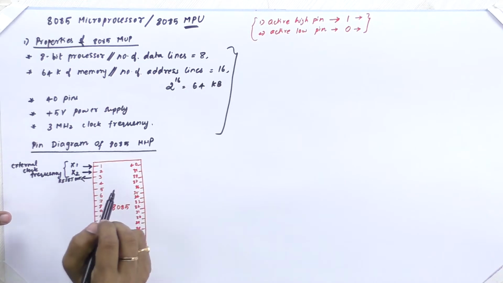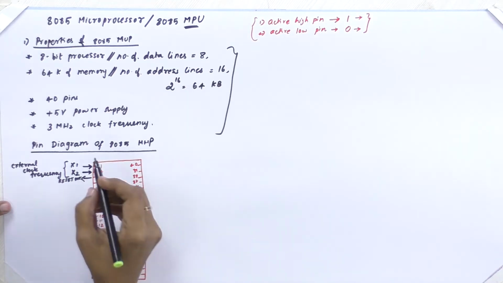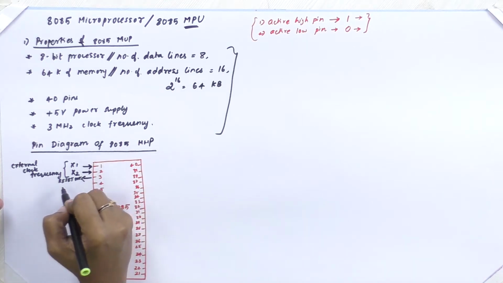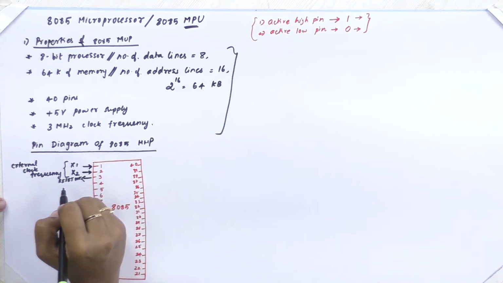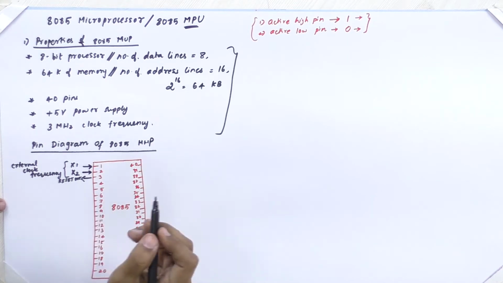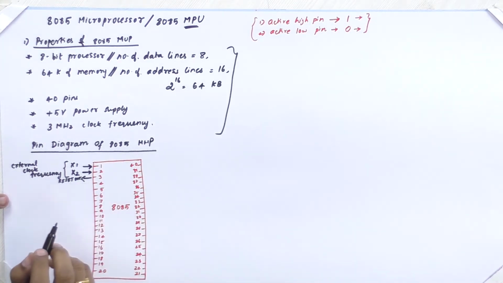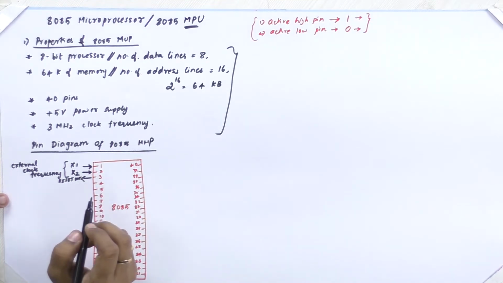So X1 and X2 are followed by reset out, the third pin. Reset out means it resets all the externally connected peripheral devices of this microprocessor. This is the function of reset out.